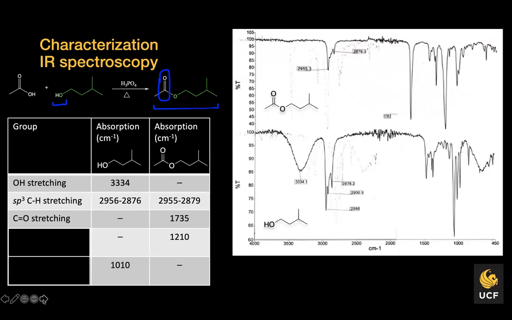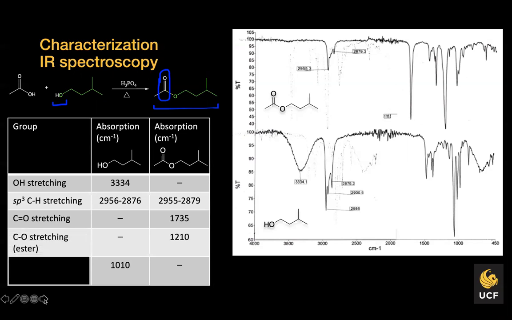And then you'll notice also a sharp, strong peak right around 1000 per centimeter within the reactant. What might those absorptions correspond to? If you take a look at the structure of the molecule, what might those absorptions correspond to? All right.